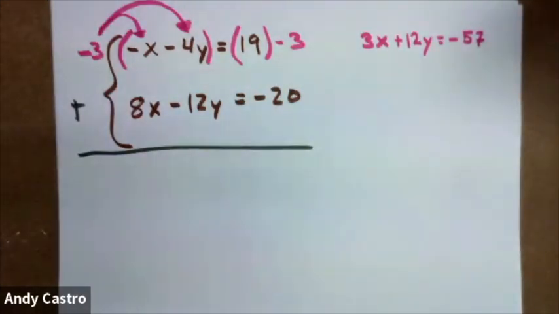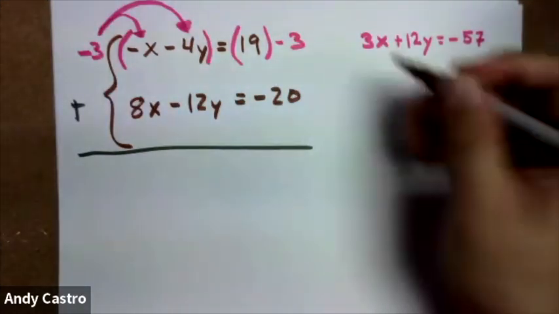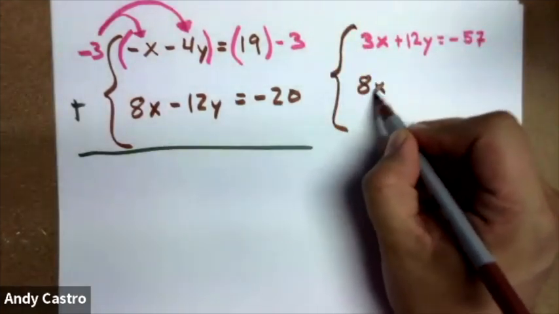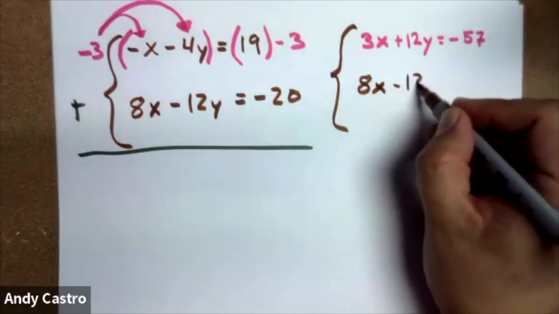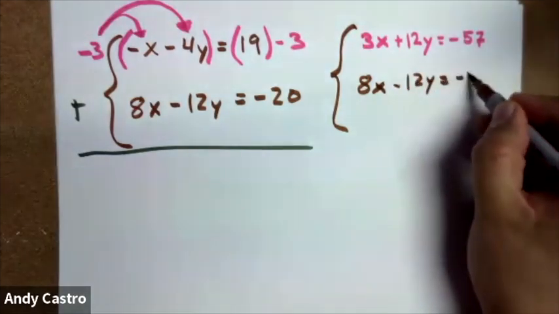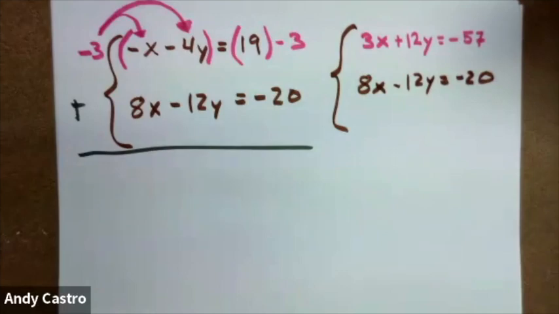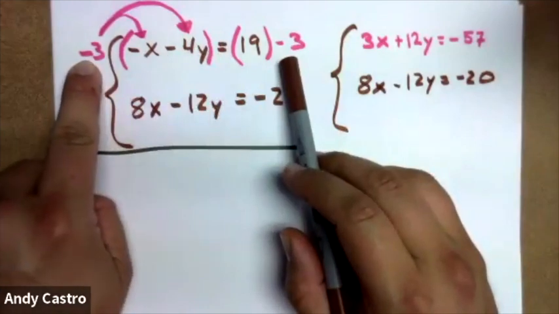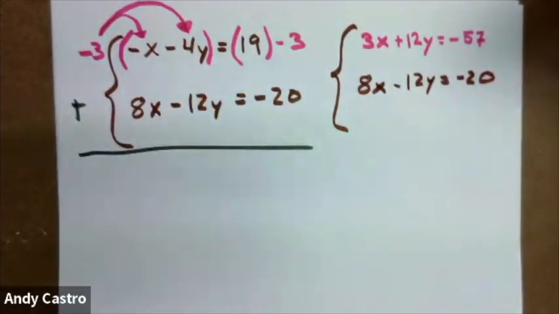Okay, now I have simply, and I'll just rewrite this equation here. What I've done is I've multiplied both sides of the first equation by negative 3. So effectively, I've changed nothing.